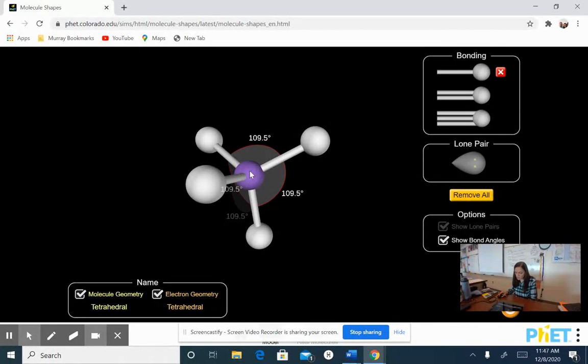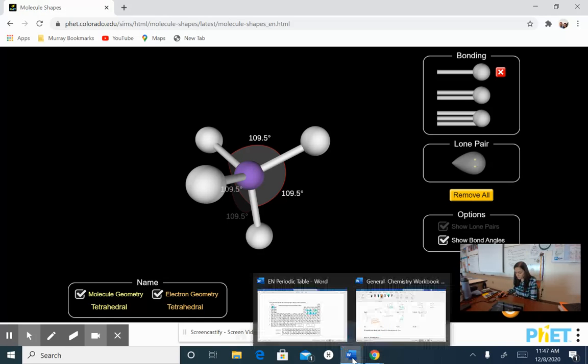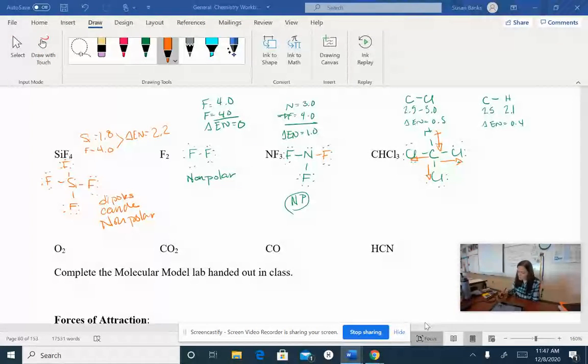So electrons are going this way, this way, this way, and this way. That means this end of the molecule is negative, and this end of the molecule is positive. So this will be polar. This is a polar molecule because the electrons are all pointing towards the chlorines.